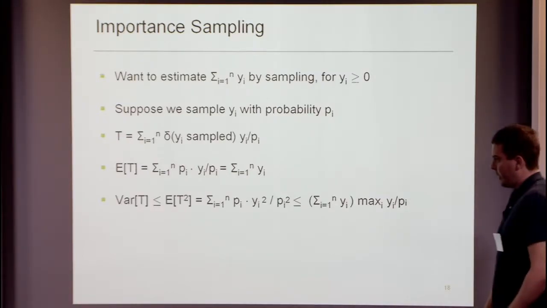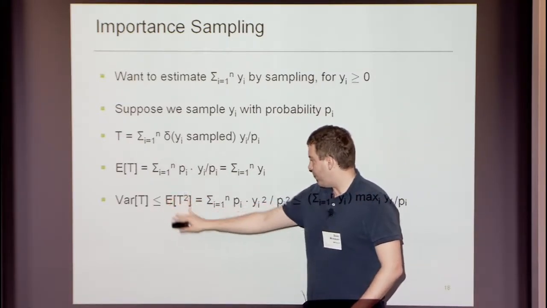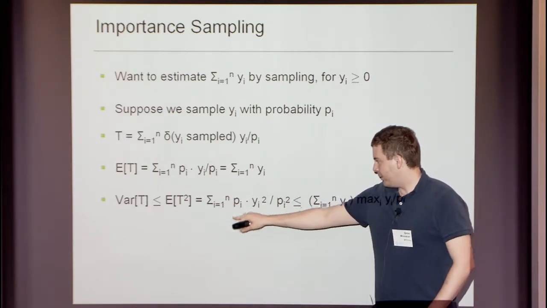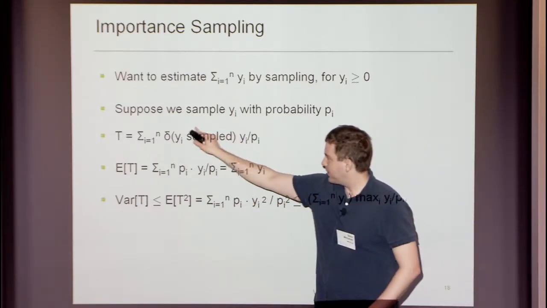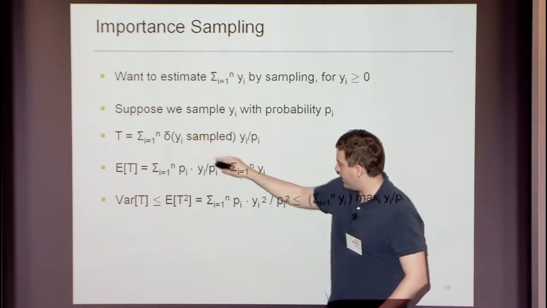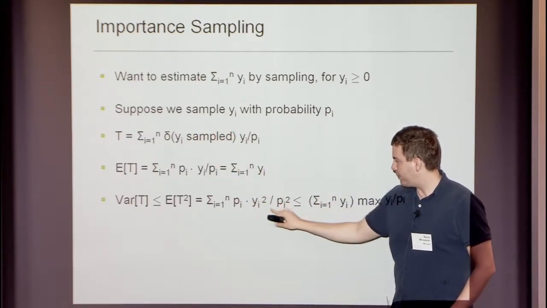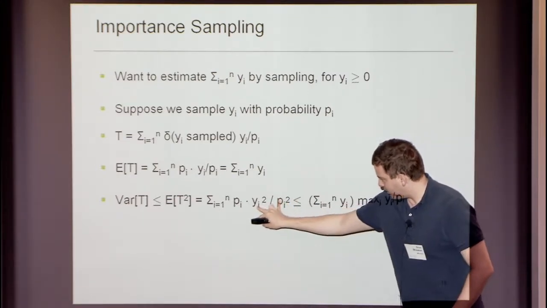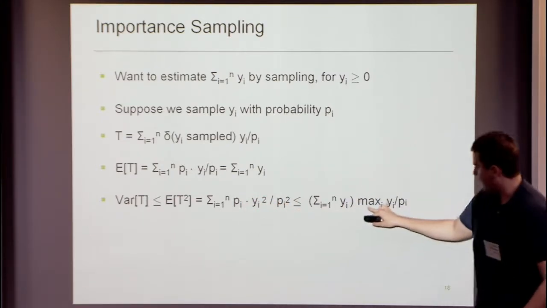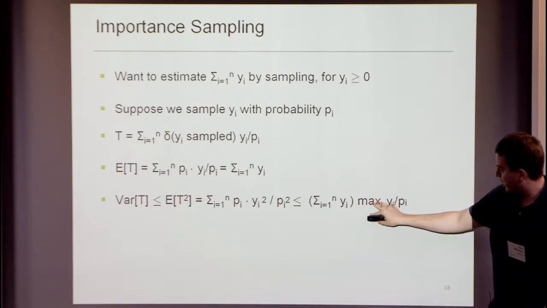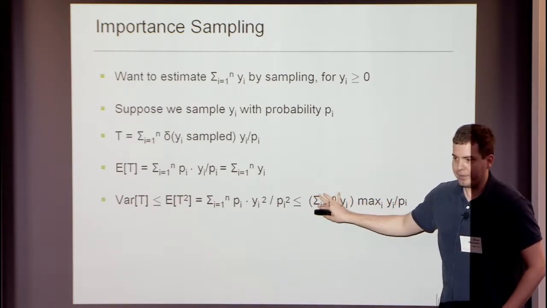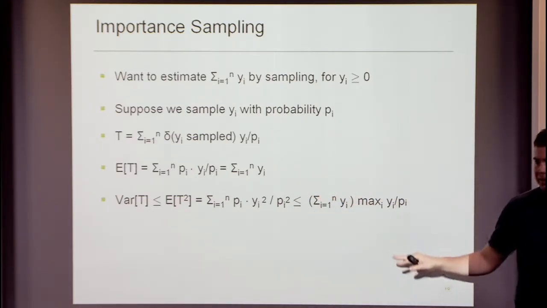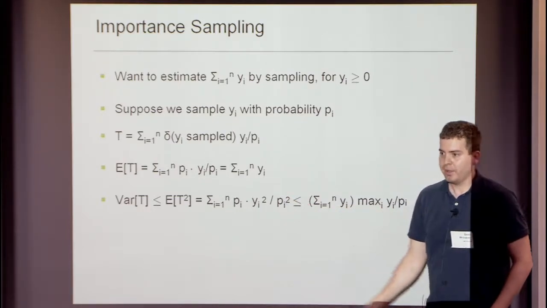The variance of T is upper bounded by the second moment, and the expectation of this thing squared is still p_i. So I get p_i times y_i squared over p_i squared. I can pull out the maximum entry here, so I get max_i of y_i over p_i times what I want to estimate, just by canceling one of the p_i's.